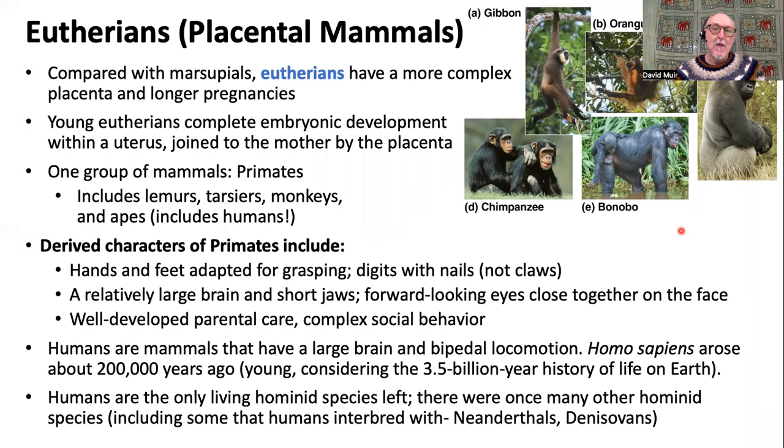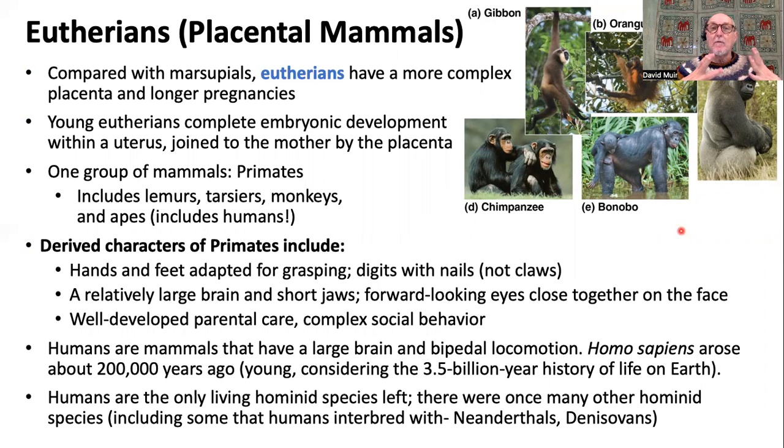The placenta allows a lengthy development of the fetus internally in the female. They tend to have a longer pregnancy, but give birth to an infant which is often much more advanced than in the primitive mammals.